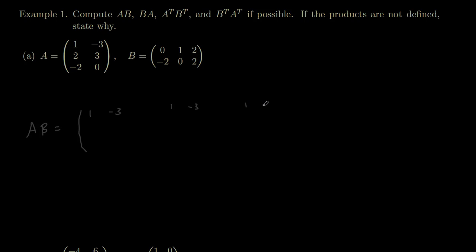And I'm going to leave a little bit of space. If you notice, I'm not putting them next to each other because I need to fill stuff in. So I'm going to then copy the second row, 2, 3.